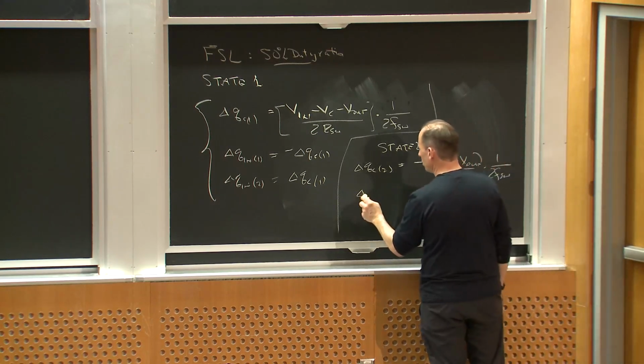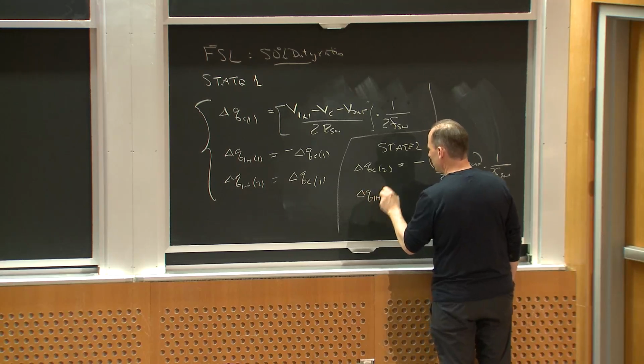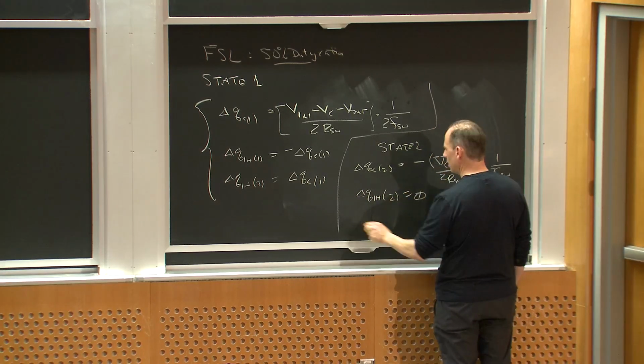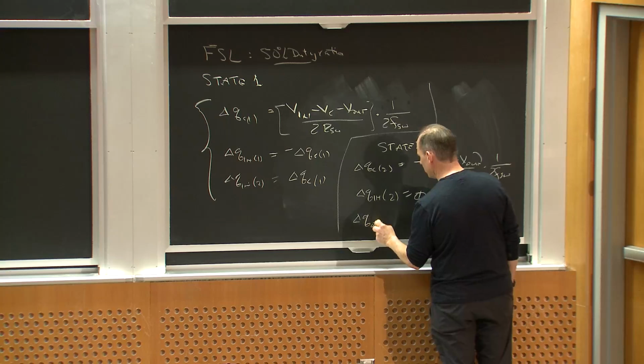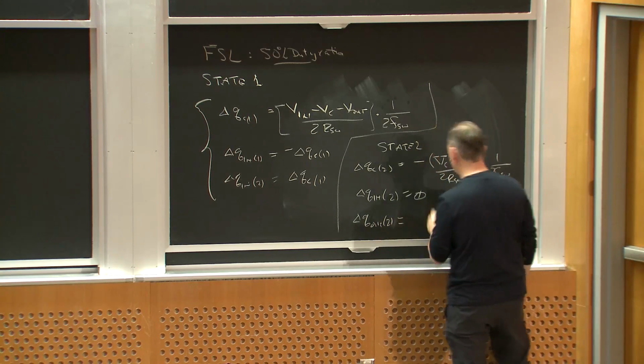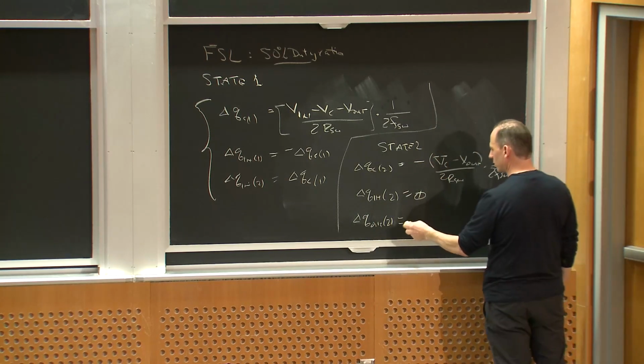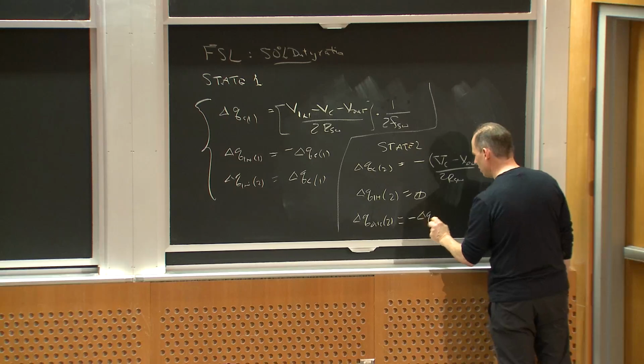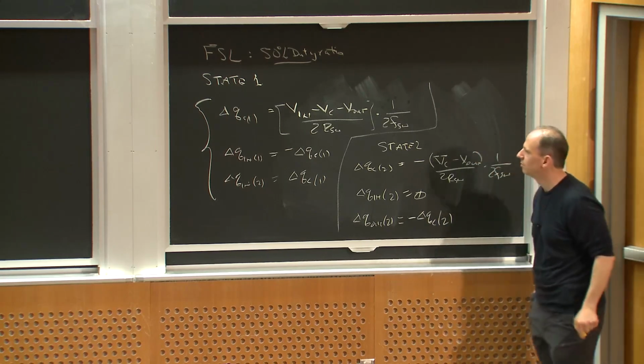Delta Qin2 is going to be 0, and delta Qout2 is going to be equal to the negative of this, which is minus delta QC2. Does that make sense, everybody?